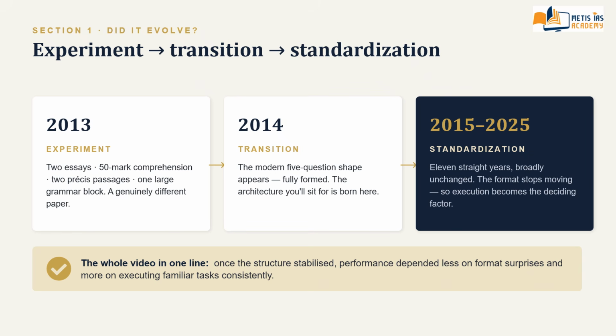So the 2013 paper was the experiment. 2014 was the transition paper, the year the modern 5 question shape appears. And from 2015 onwards, it standardizes and holds. I have checked every paper from 2014 to 2025, and that broad architecture stays put.